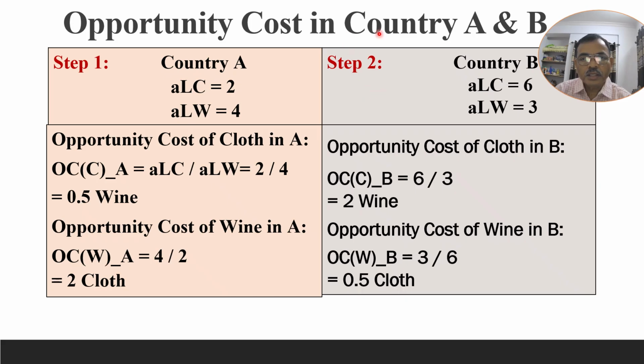Opportunity cost in country B. The opportunity cost of cloth in country B, OCCB, equal to 6 by 3, that is equal to 2 units of wine. And opportunity cost of wine, denoted by OCWB, equal to 3 by 6, equal to 0.5 units of cloth.